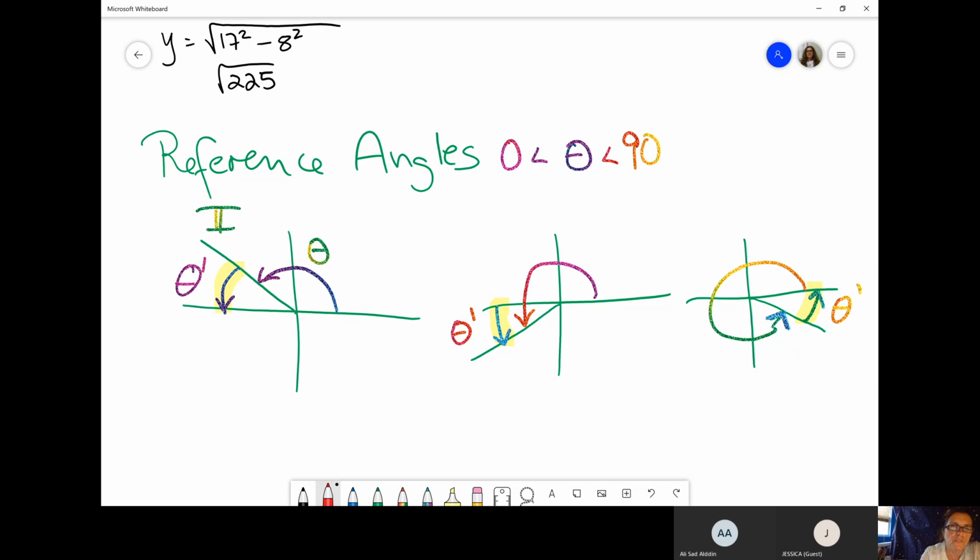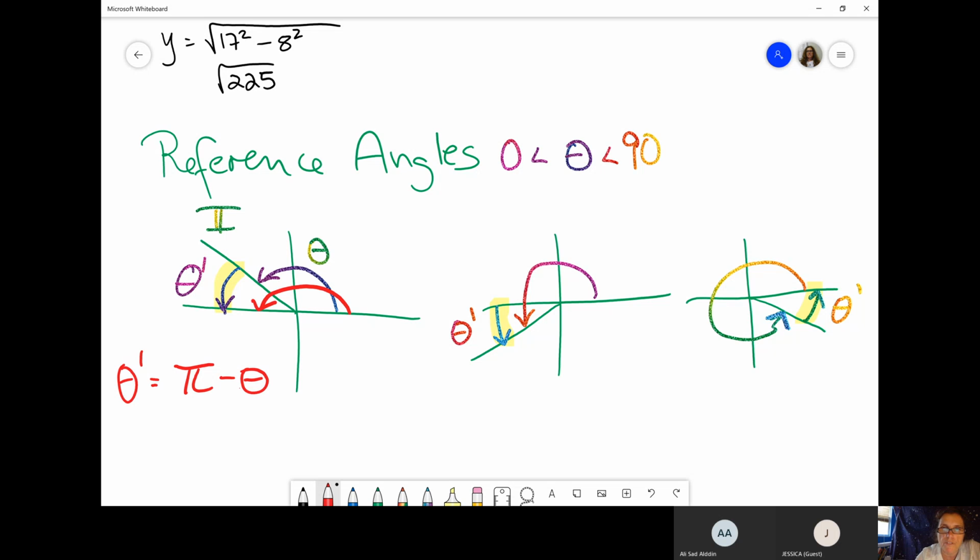Well, what we do is we go the entire half a revolution, so that's pi, and when we subtract theta from it, that only gives us this little yellow piece, and that is our reference angle. So pi minus theta will give us the reference angle.